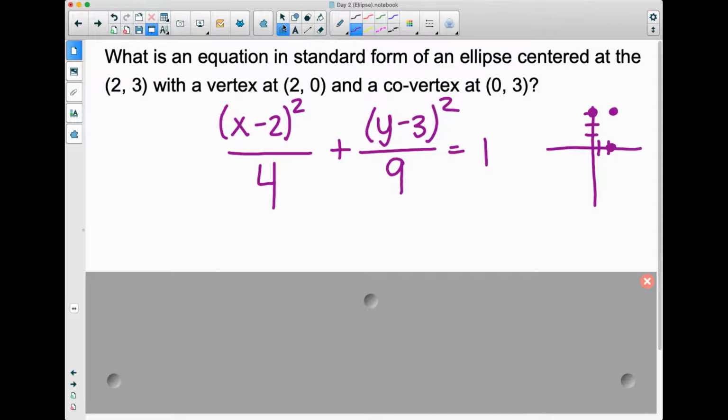All right, so let's now change between the two forms because like I said, the first part of your test is going to be matching. And it's going to have all the equations, whether they're in general form or standard form, okay? Some of y'all will be able to recognize what each one is in the form that's given to you. Some of y'all will not, so you'll need to change it to the other form, okay?